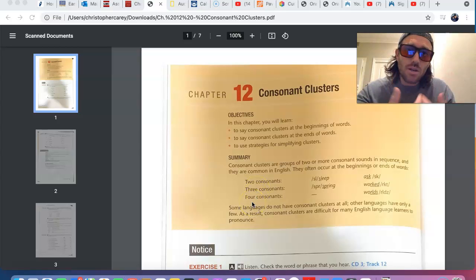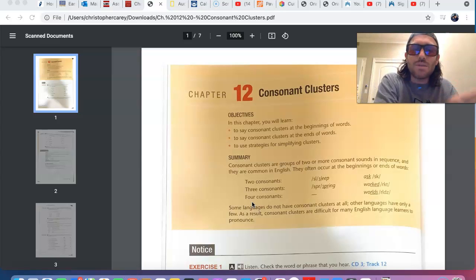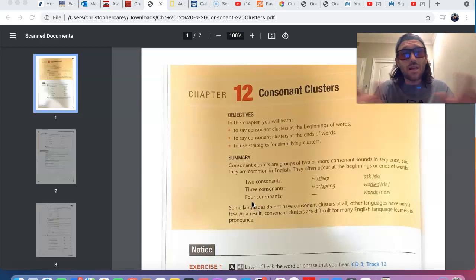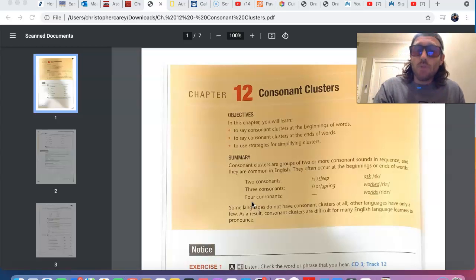A lot of native Spanish speakers and perhaps a lot of native Portuguese or Italian speakers want to add a vowel sound at the beginning. But if you do that, it can change the meaning of a word. Or it just makes it difficult for people to understand, right? Now, that's a common error for native Spanish speakers. Perhaps maybe you make that error from time to time.